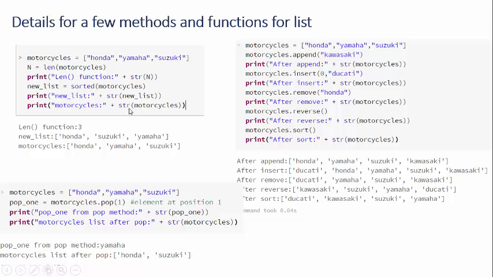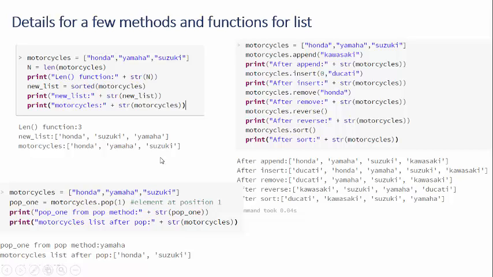To check, we can print out what is within motorcycles after we apply the sorted function. We found out that yes, it is still in the same order as we defined at the beginning. So the sorted function sorts the elements and assigns the sorted result to a new list, but the original list's order is not changed. So that's the difference between the sorted function and the sort method.